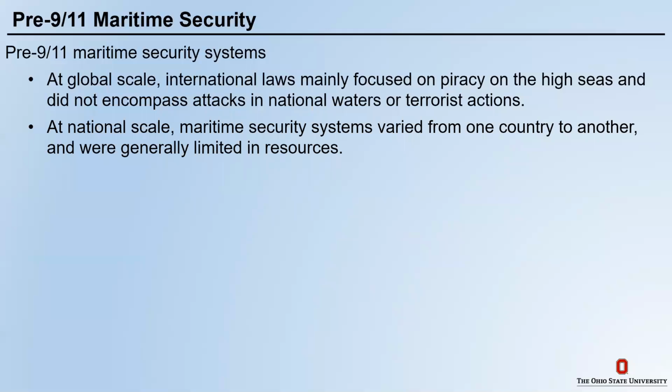So not a lot of resources were invested in maritime security. And there are also poor countries and rich countries. There are countries that care more about maritime security, and some others may not care that much. So the quality of maritime security systems varied from one to another.